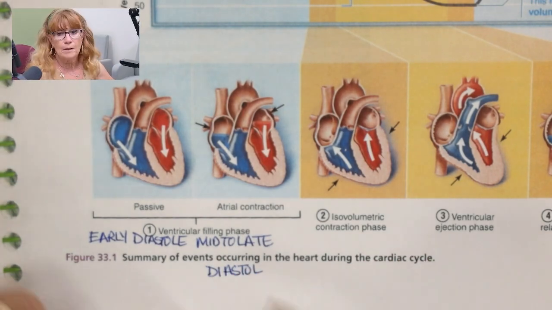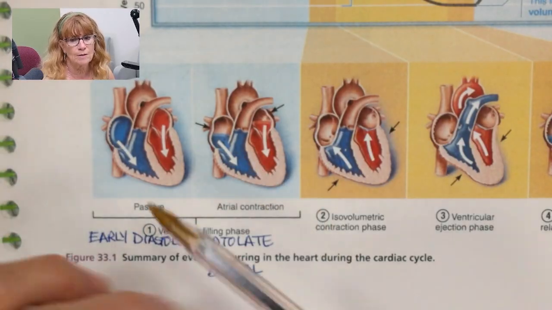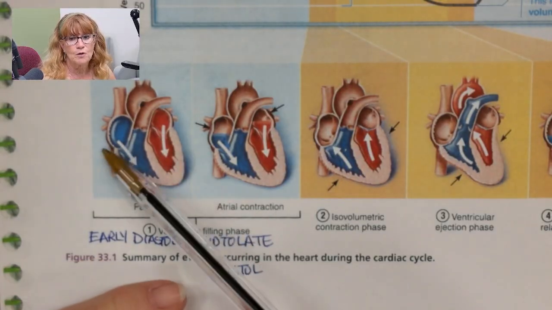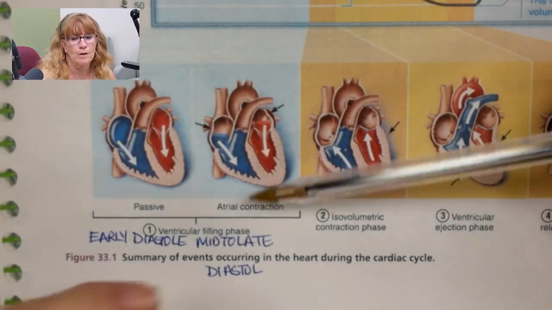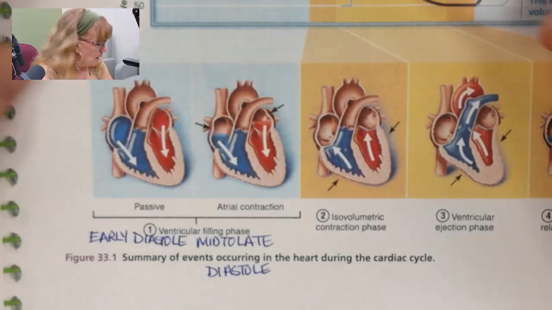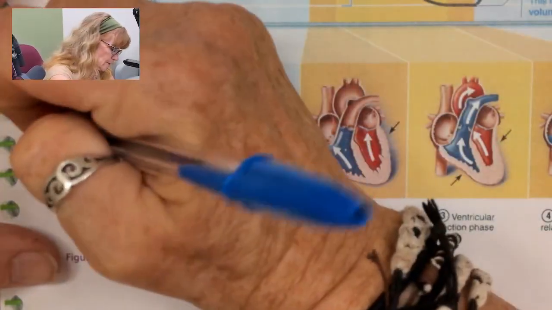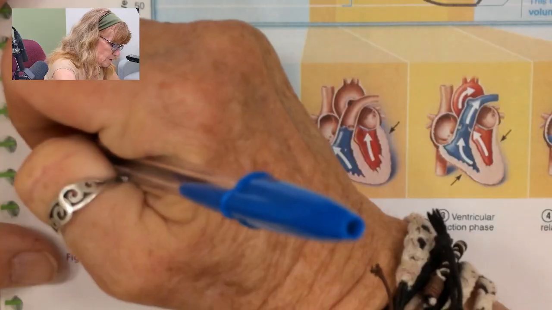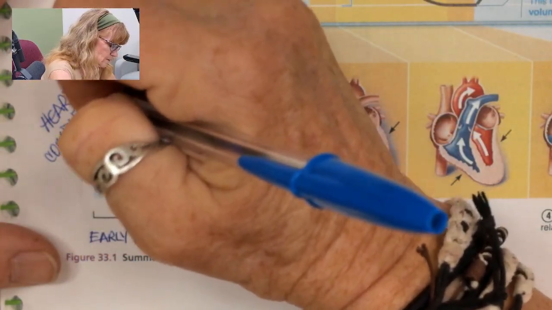So what that diastole refers to is the heart being relaxed, primarily the ventricles being relaxed, but the atria are also relaxed until right at the very end of late diastole. Okay, so we can also say during this early diastole that the heart is completely relaxed.